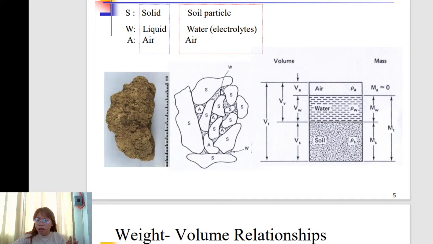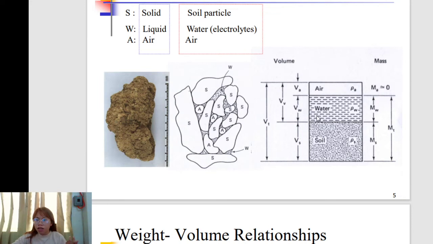Then we have these voids or gaps, which hold the water, and also there is a portion of A, which is the air. If you make that into a phase diagram, you will have the soil at the bottom portion, then we have the water, and the top is the air.